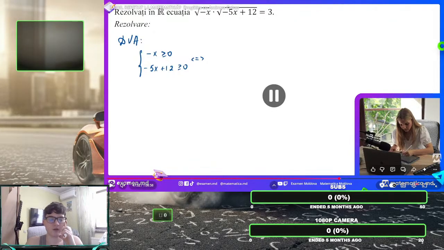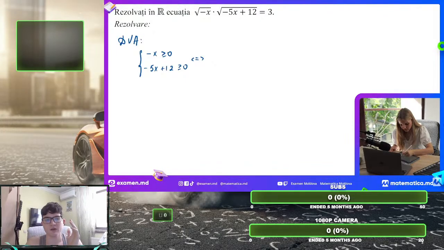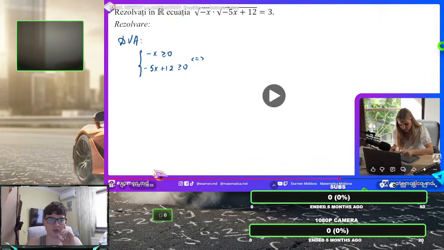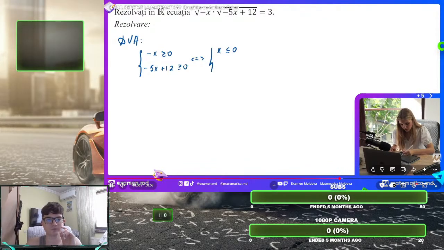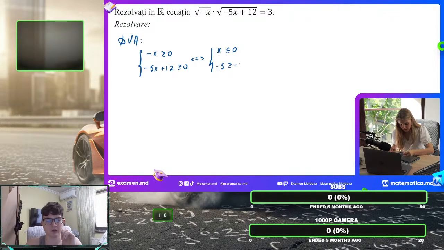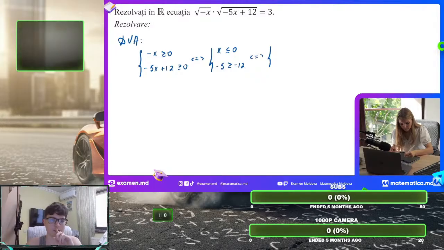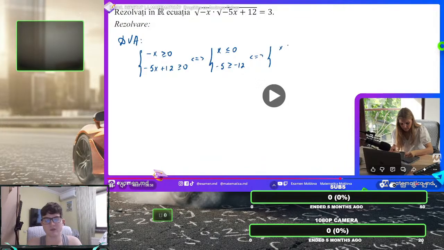And on the second one, it's going to be minus 5x smaller or equal, actually bigger or equal to minus 12. And then once you do the division, it's going to switch the sign once again. Okay, sign has been changed. Now that's right there, 5. Where did the x go? Forgot the x. Anyway, it's going to be 2 negative division, so 12 divided by 5 right there. x is going to be smaller or equal to 12 divided by 5.